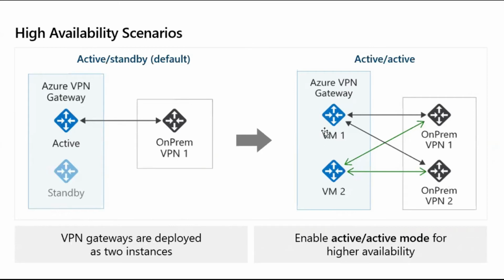In the Azure VPN Gateway, we can have VM1 and VM2. In this way, we can have multiple connections. If one connection is down, we still have another connection.